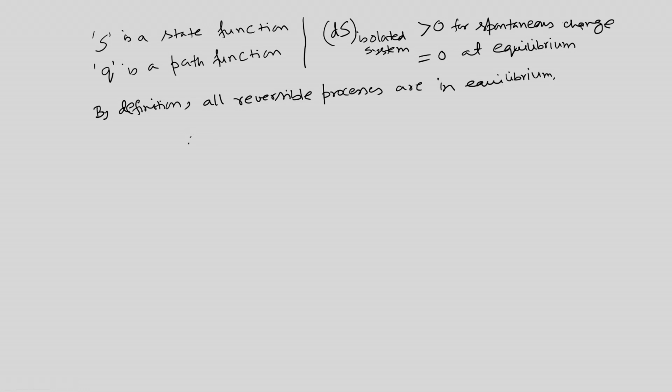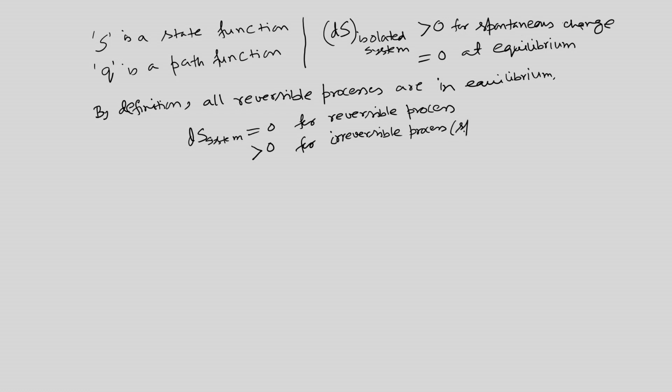So, dS system equals 0 for a reversible process and greater than 0 for an irreversible process or spontaneous process.